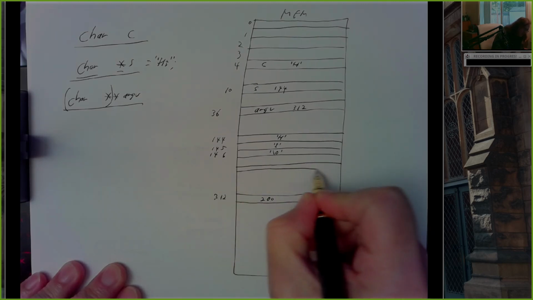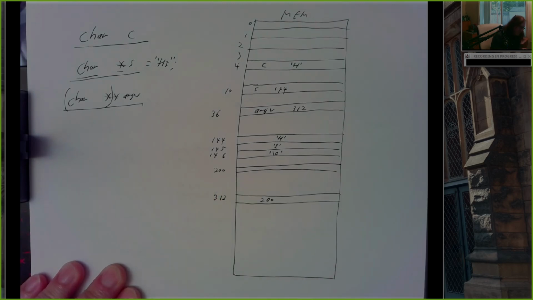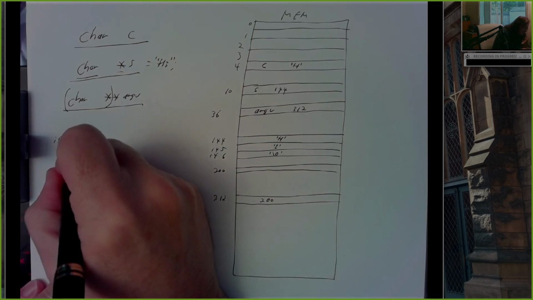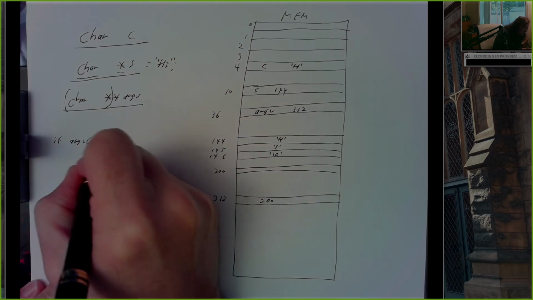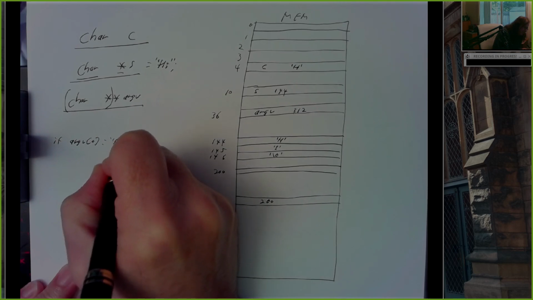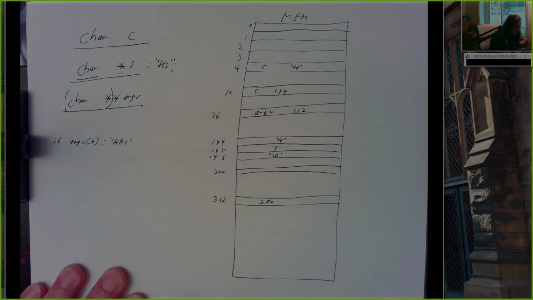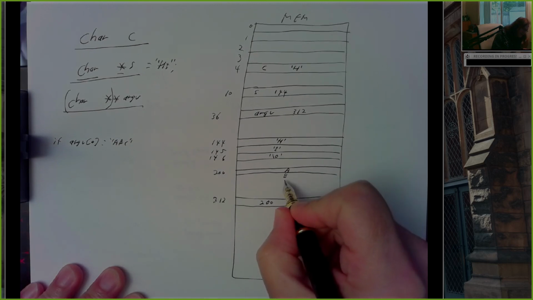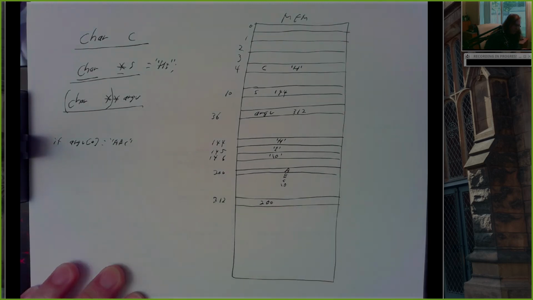And down here at location 200, there's a character. So if argv bracket 0 contained the string ABC, down here at location 200 I would find an A, the next location would be a B, and then a C, and then a null terminator.